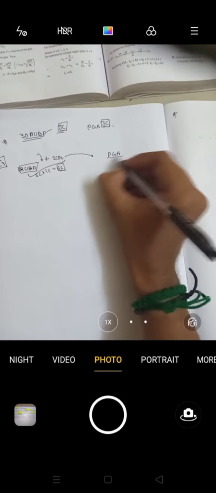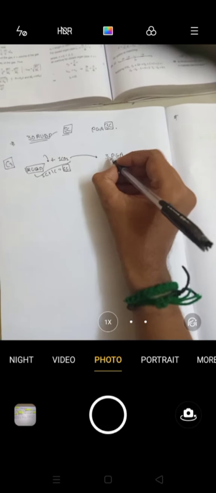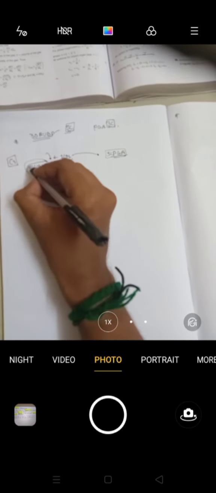For many years scientists were not able to know how we are getting a 3 carbon compound over here. They were not able to know how many carbon compound RuBP is.